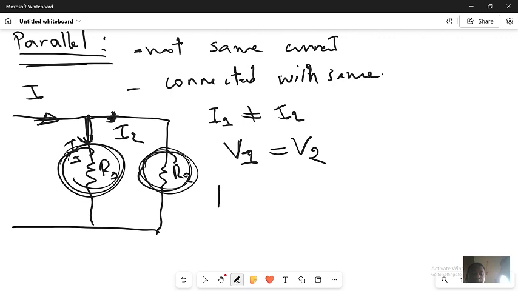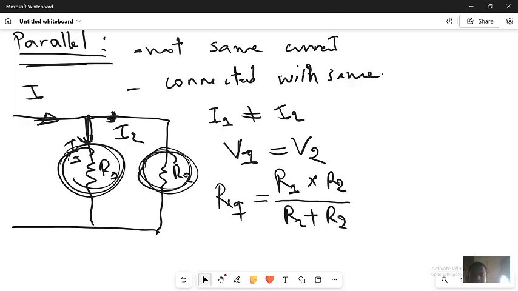So to determine the equivalent resistance, it is going to be the multiplication of these two resistors, so I will have R1 multiplied by R2 divided by R1 plus R2. Since they are parallel, to determine the equivalent resistance, I just multiply them and divide by the summation of them.